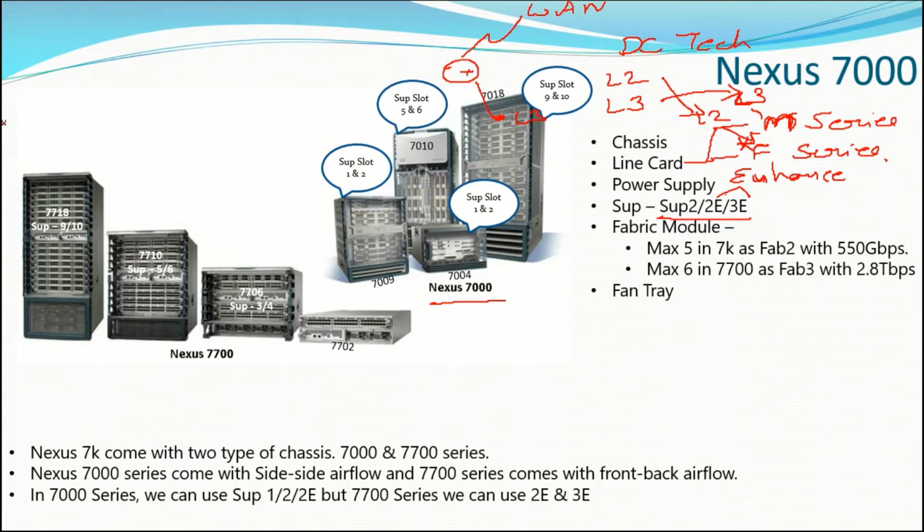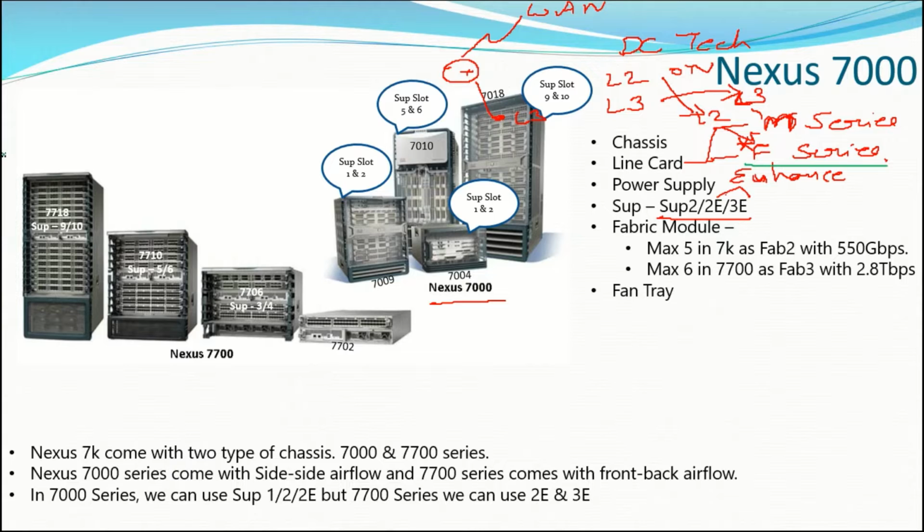For example, OTV, overlay transport virtualization, which you might have heard of. This is a layer 2 extension from one data center to another data center. That technology is only supported by the F series line card.